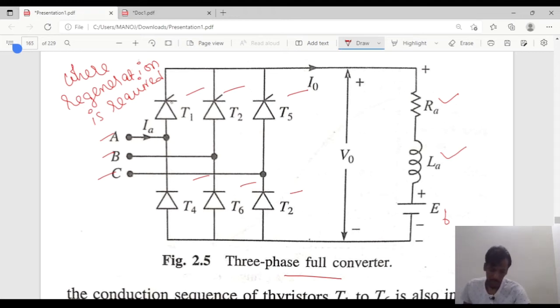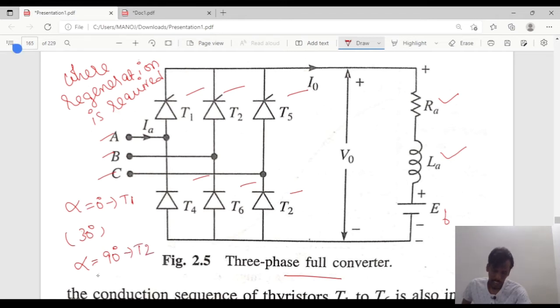When alpha equals 0, T1 will be triggered, as the most positive voltage appears at 30 degrees. T2 is triggered at the most negative voltage, that is at 90 degrees.